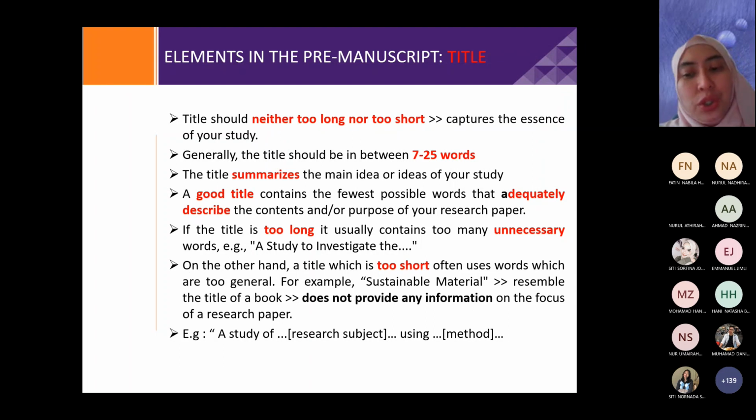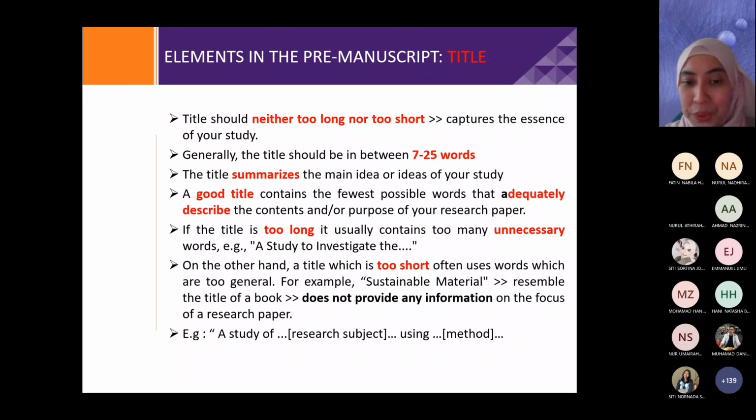A title which is too short often uses words which are too general. Sometimes if it is too short, it becomes too general. For example, you just use the words "sustainable material." You cannot just have "sustainable material" because it resembles the title of a book. A sustainable material covers a lot of material.